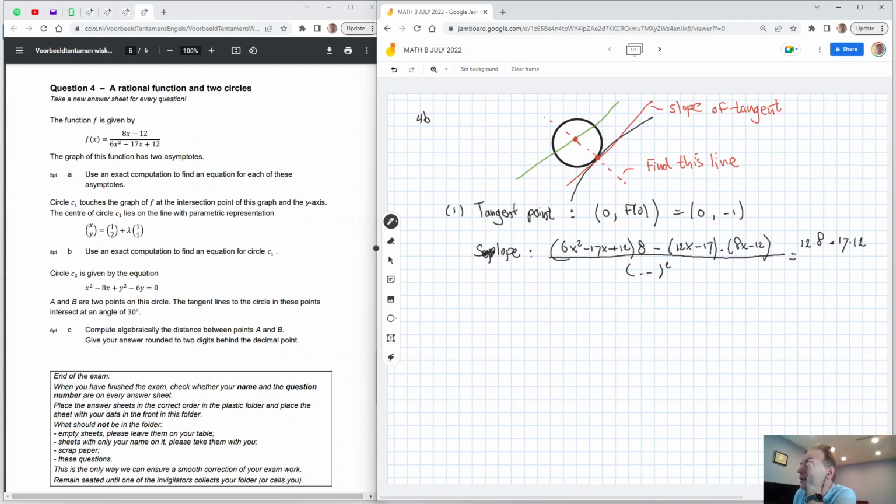Just need to get the sign, right? Minus 17 times minus 12, but there's also another minus sign here, so it's a net minus sign. And then divided by simply 12.